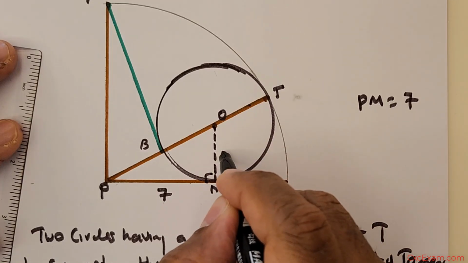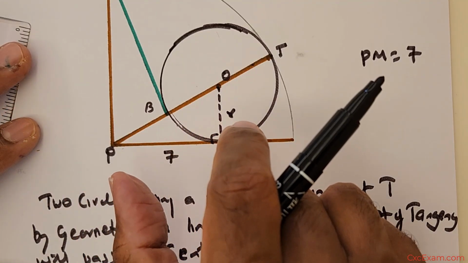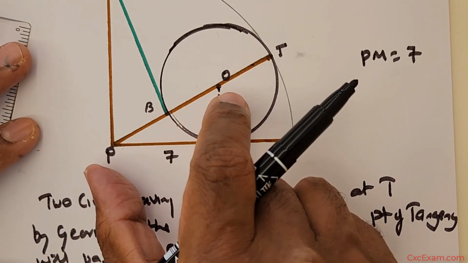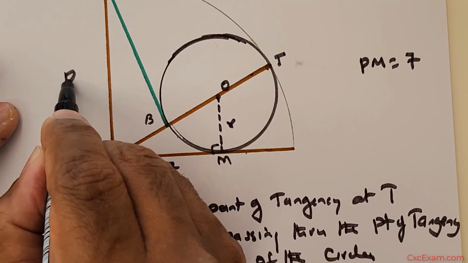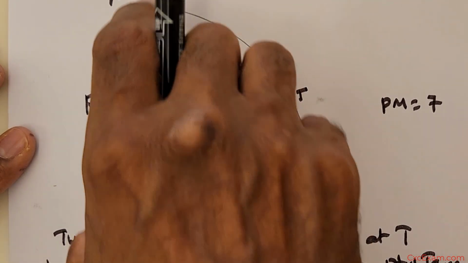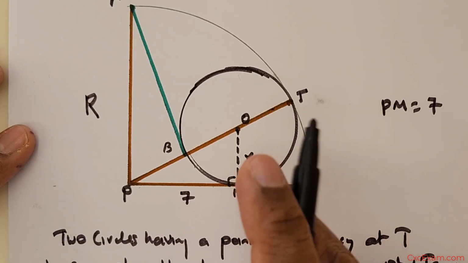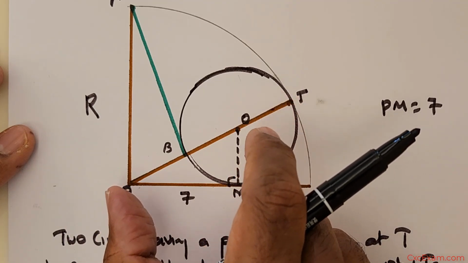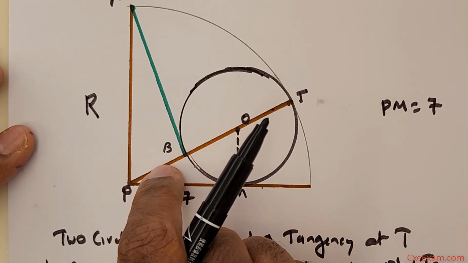Now let me take this radius as r. Now if I were to talk about PO or OP, if capital R is the radius of this large circle, then clearly this distance is R, and I want to know what this distance is.